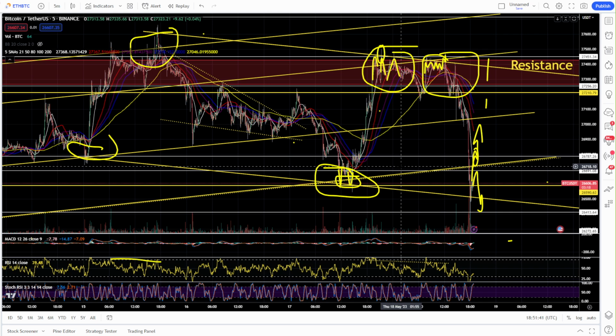It's well developed. And now it's just about, are you going to flip and regain this level? 26,700 is going to be tough again. Or are you going to bearishly retest it and then there's more downside, right? So plan A, go long here. Plan B, go short here.